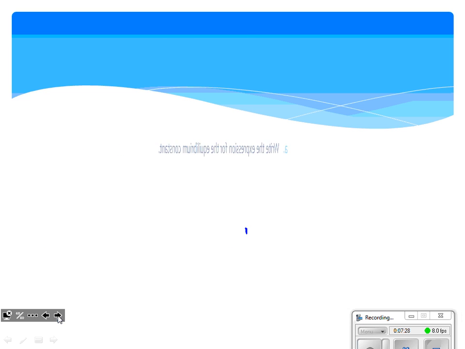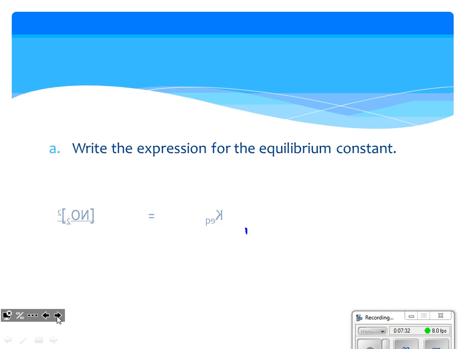So when I write the equation for this reaction, I know that NO2 is to the 2 power. N2O4 is to the 1 power. Notice I put that 1 in there just so I make sure that I didn't forget.